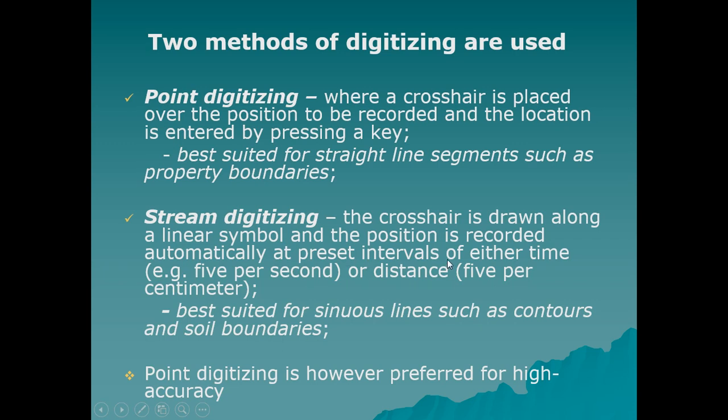As you're digitizing, the intervals are so tiny that it allows you to create continuous lines. However, please note that the point digitizing method tends to be considered of greater accuracy than stream digitizing, because, as you could imagine, when digitizing continuous curving lines, you're more likely to make mistakes with your hand shifting.